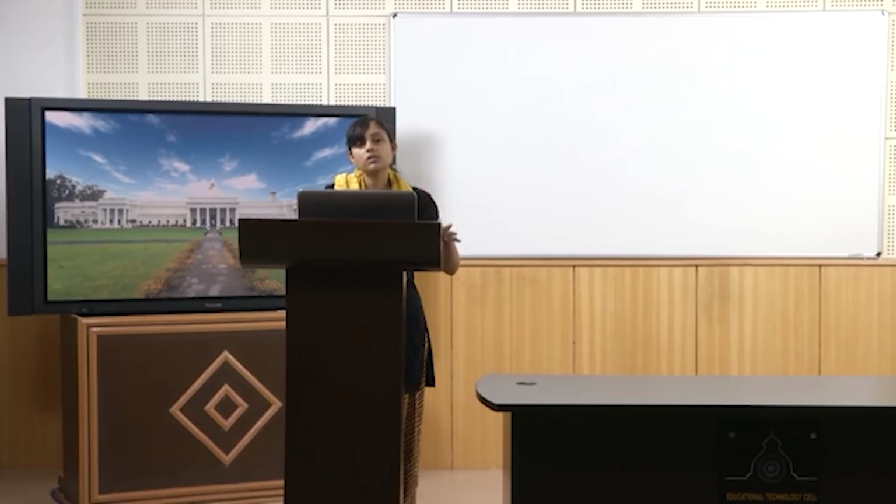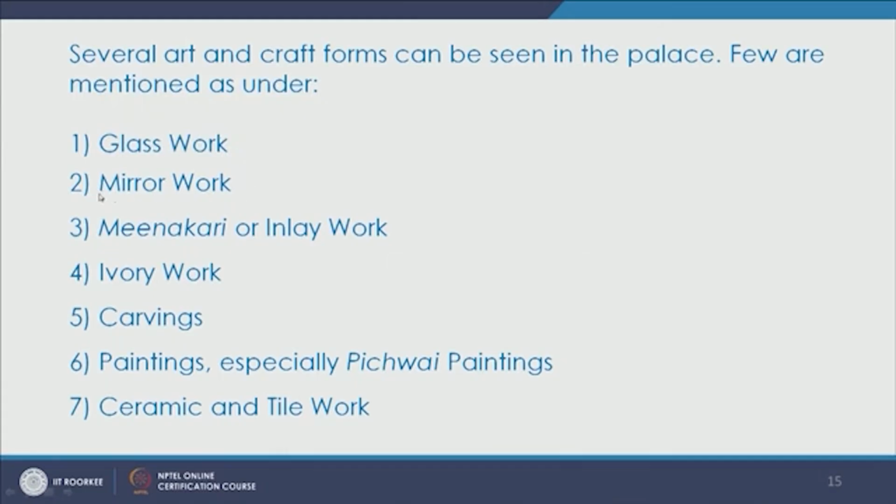If we talk about the several art and craft forms that we can see inside the City Palace Udaipur, a few of them which are listed and which are of prime importance are glass work, mirror work, meenakari or the inlay work. In the local parlance it is called meenakari. There is also a bit of ivory work over here. We see a lot of carvings, both stone and timber.